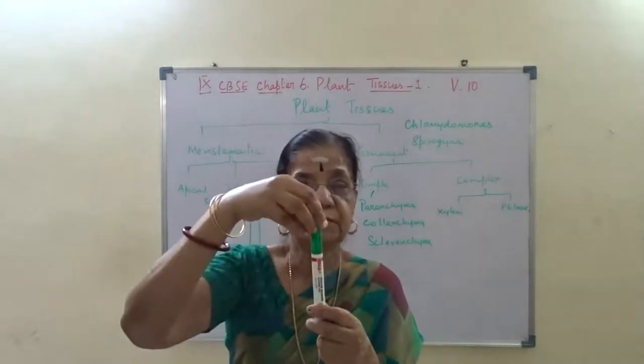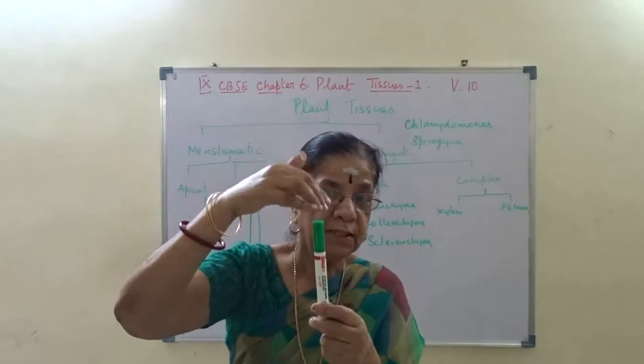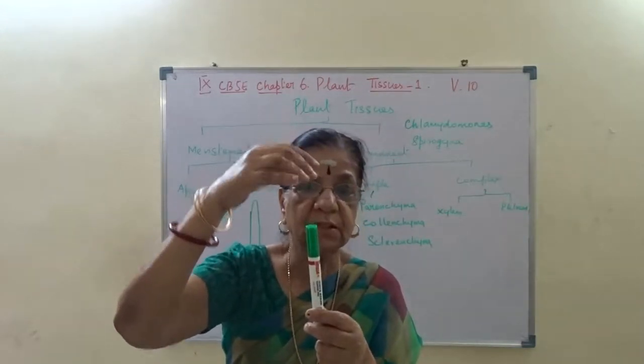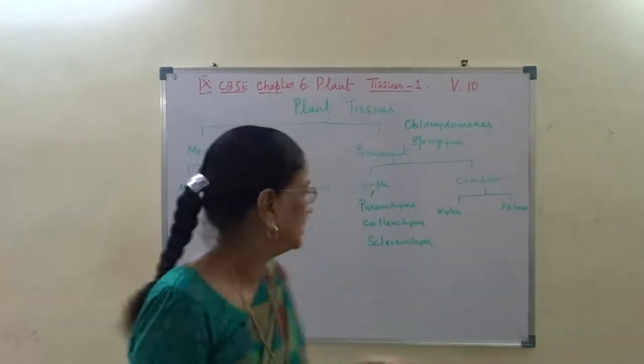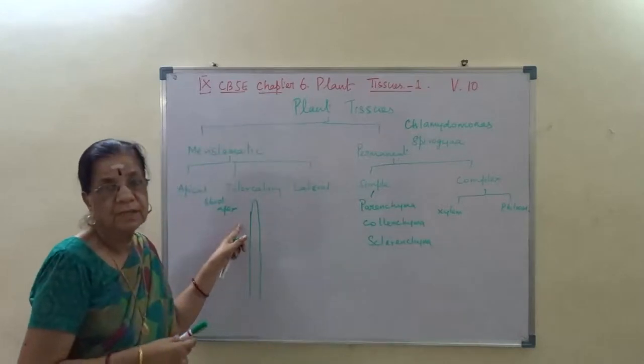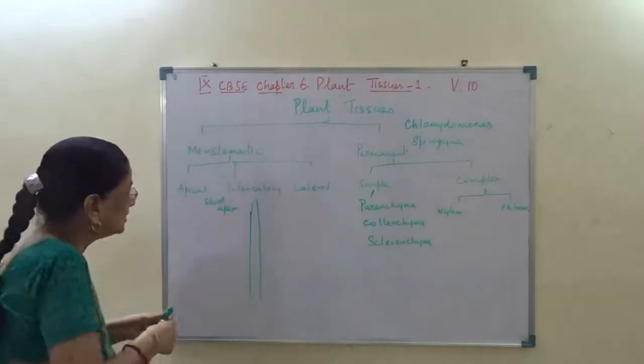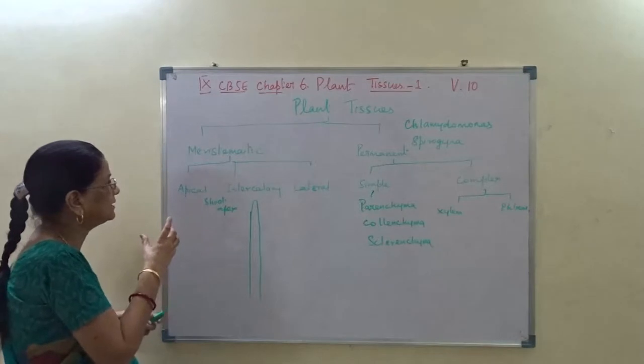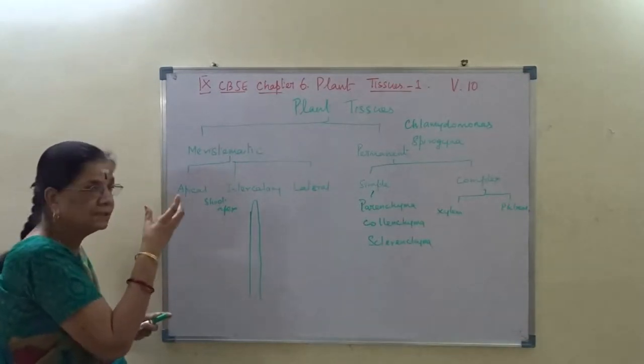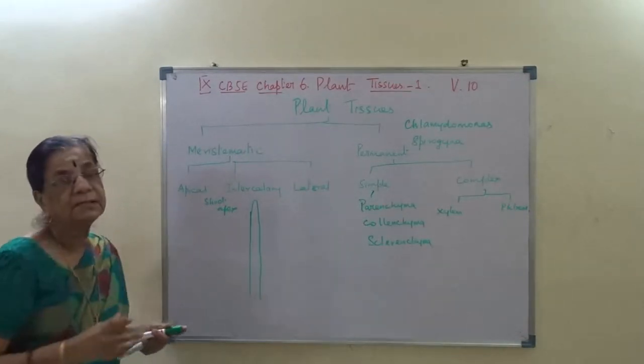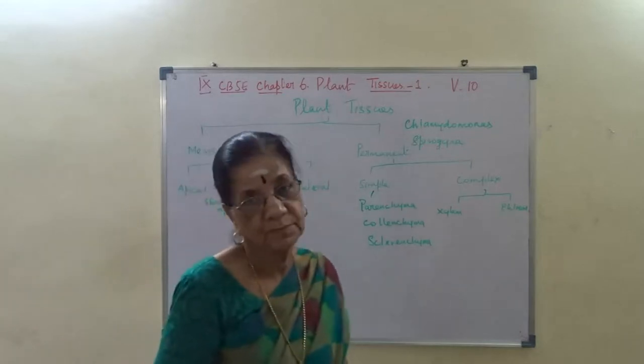The tip of this end portion will grow. I hope you understand. So in this region, we find apical meristem, intercalary meristem and lateral meristem.